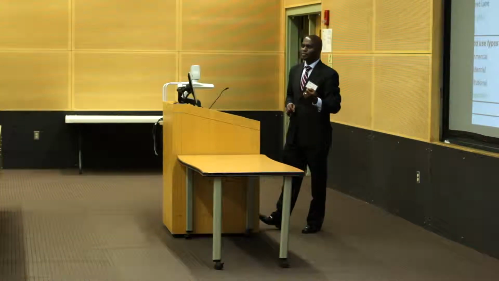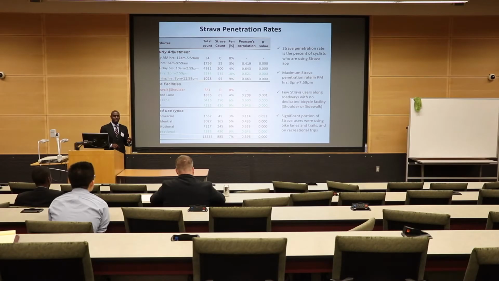The other thing that was important for us to think about was the Strava penetration rate. The penetration rate here means what percent of cyclists are actually using the Strava fitness app. We looked at that by different attributes.